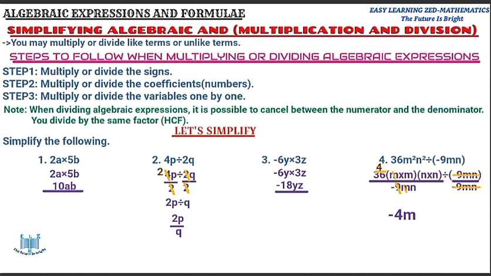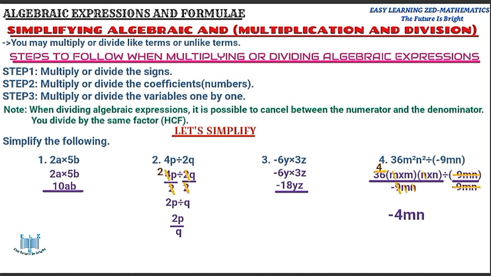Then we go to n, we have got two n's there, so we cancel one n on top and n down. Now we do not have any variable remaining down here, so we had one n which has been cancelled. Then we can write the remaining n here. That means we have remained with negative 4mn, and there is no other number or variable remaining.